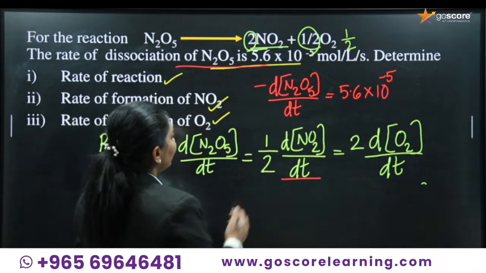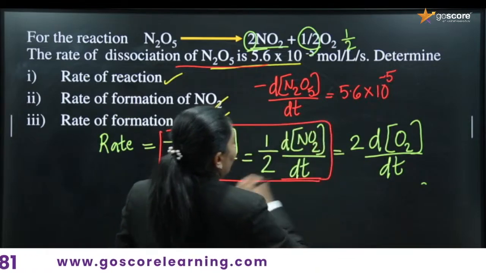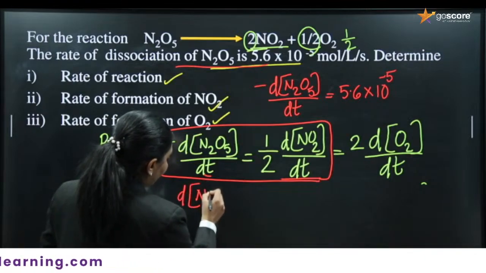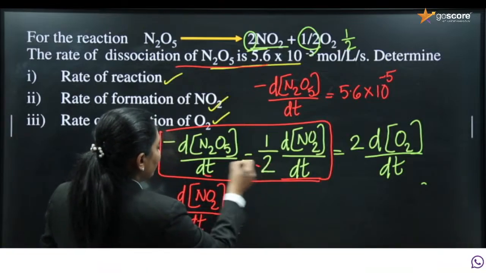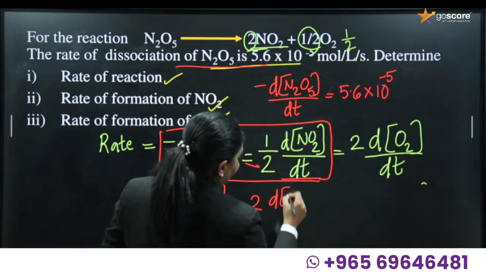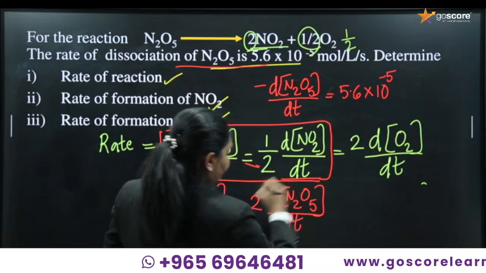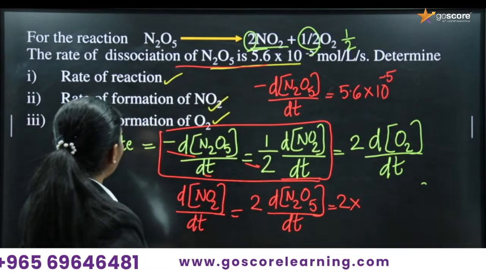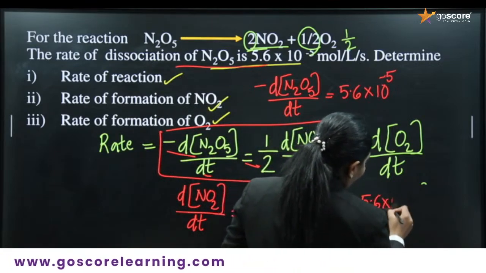So we have to substitute the value in this equation. If you want to find out d nitrogen dioxide by dt, it will be equal to 2 multiplied here, right? So 2 into d N2O5 by dt. So it will be equal to 2 into the value of dN2O5, which is 5.6 into 10 the power minus 5.